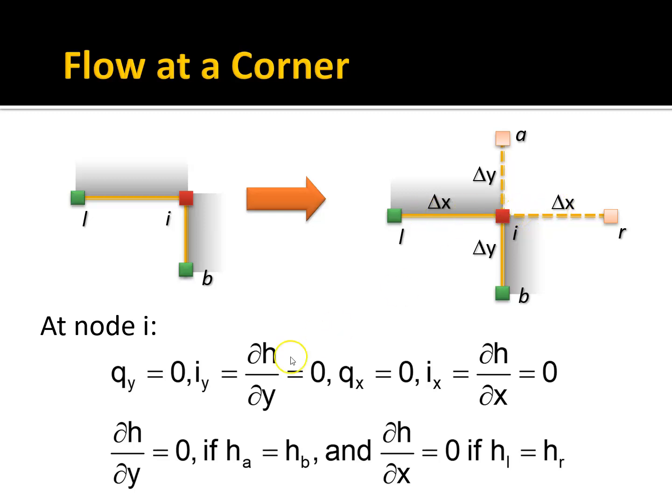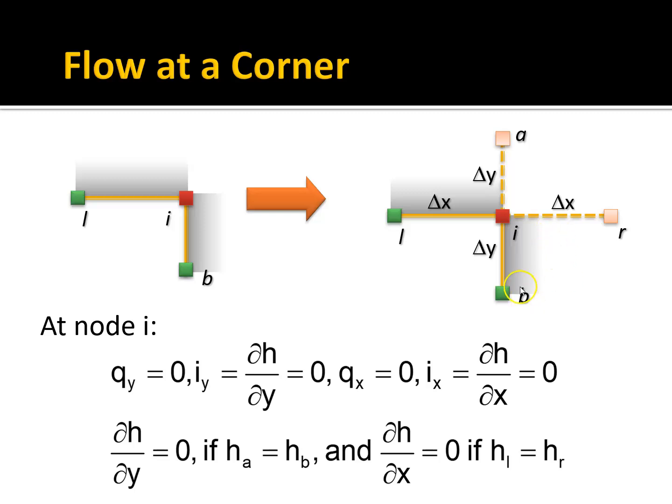It's a no-flow boundary, so the hydraulic gradient in the y direction is 0. That's actually in this direction. And then we say the same thing in the x direction. So we apply the same 0 hydraulic gradient condition in both cases.